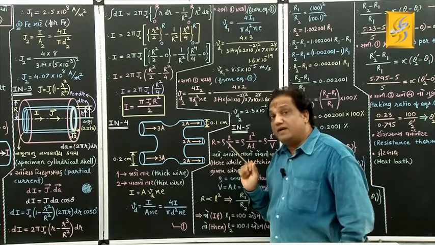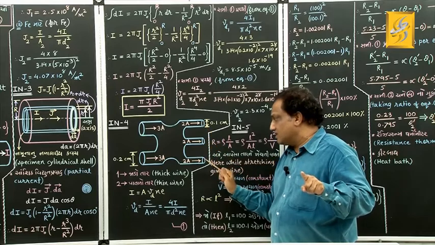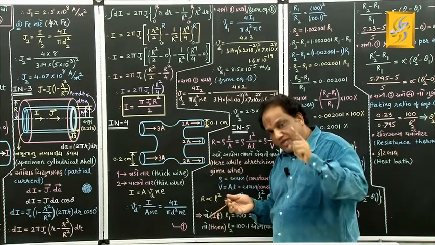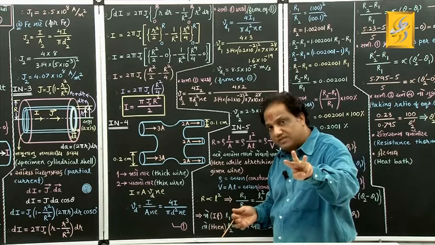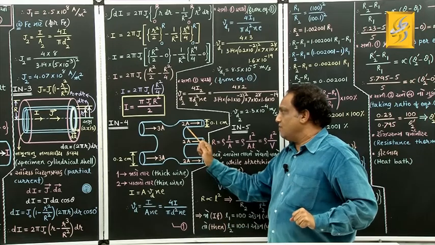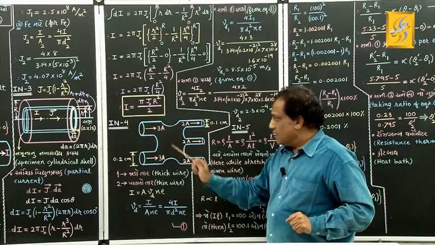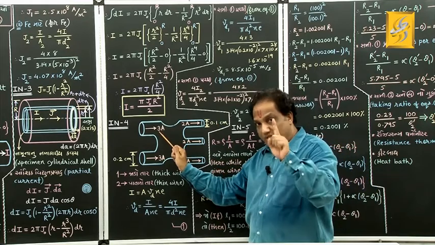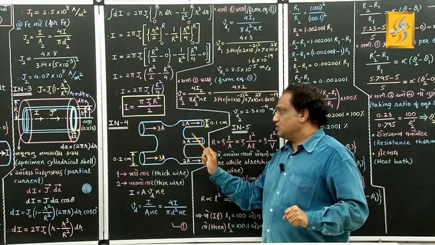But each branch is having same cross sectional area. So that total current 6 ampere will be divided into 3 equal parts. 6 upon 3, that is 2 ampere each. So what we can see in the diagram, current passing through thicker wire is 3 ampere, current passing through thinner wire is 2 ampere.